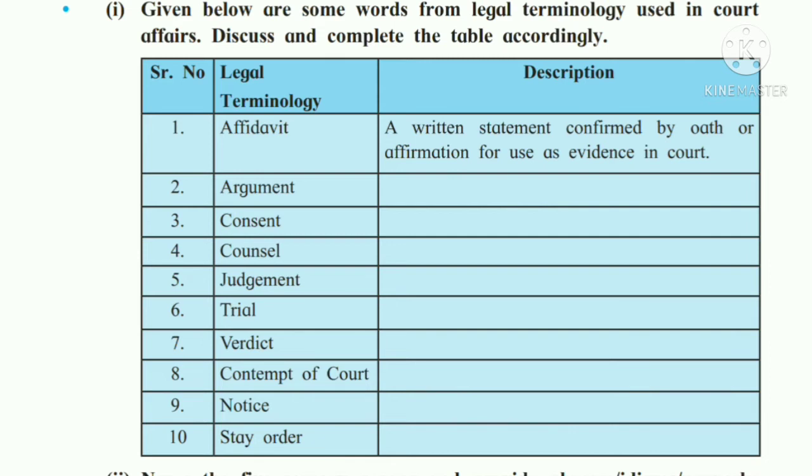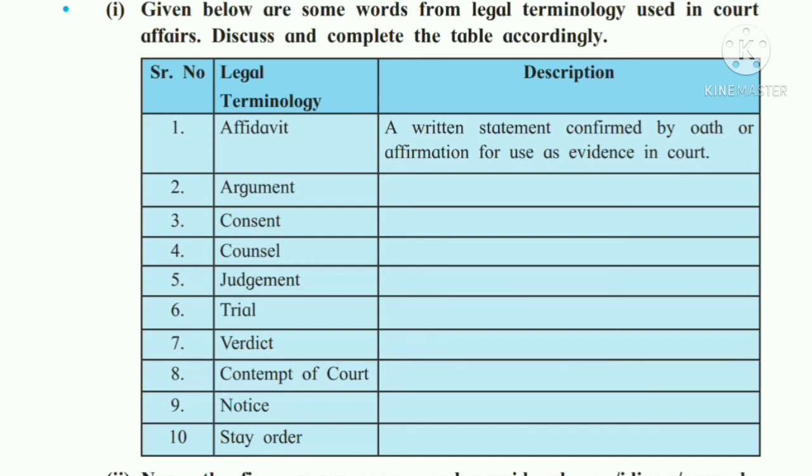Whenever a person is accused, there is a trial in the court. Verdict, the judge's final decision. Judgment, students, is the decision given by the judge, and verdict means the judge's final decision.